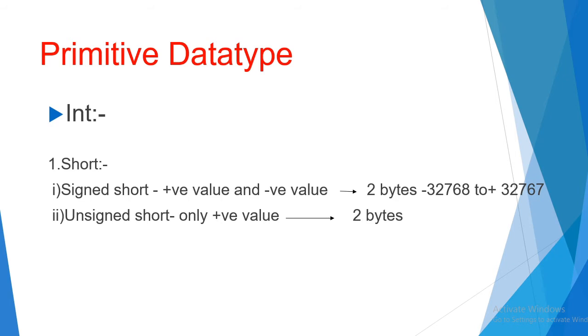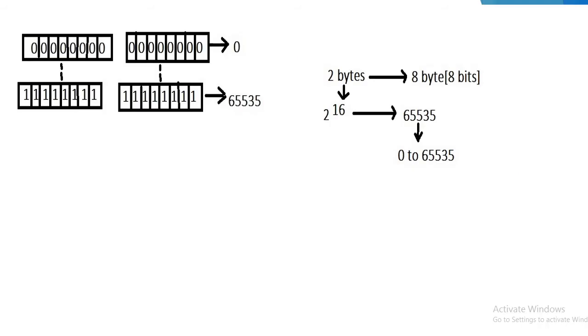It ranges from -1, -2 down to -32768, and up to positive 32767. I divided the 65535 into two parts, half given to negative values and half to positive values. This is for the signed integer.